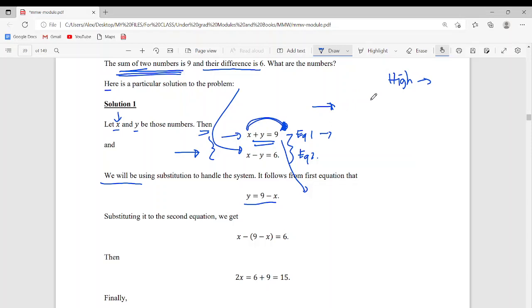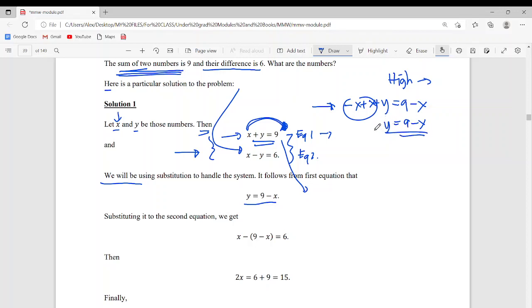So x plus y is equal to 9, and if we want to get rid of x, we add negative x, so negative x plus x is just 0, and we have y. Since we are working with equality, we add negative x on the other side as well, and therefore we have this representation in terms of y.